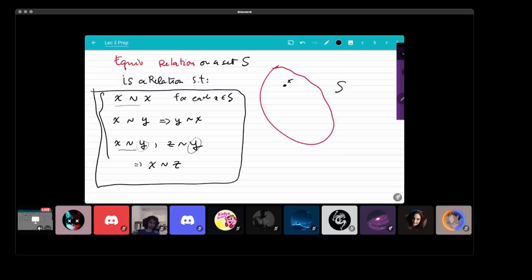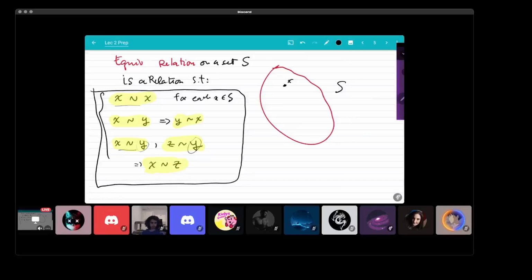In some way it's like: x is similar to itself; if x is similar to y, then y is similar to x; if something is similar to something that is similar to another thing, then they're all similar. Or they belong to the same category, if you want.